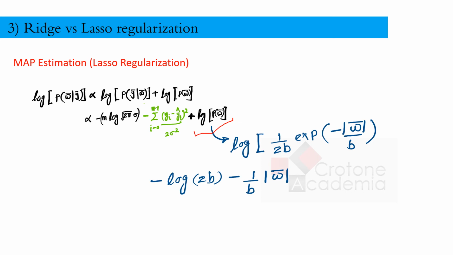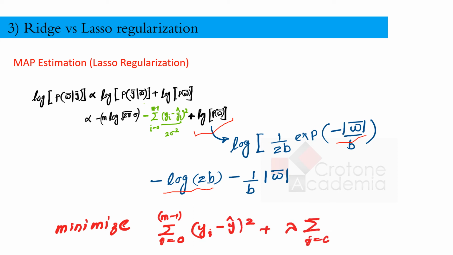If we have a Laplace distribution over parameters w, then it can be written like this if the mean is 0. When we take the log value of this exponent, we can have a constant, minus log 2b, and a term that depends on the variable. When we substitute this into the equation, the parts that we can minimize in that equation will become the sum of squared differences, and let's represent this constant using lambda, into the absolute value of the sum of weights.